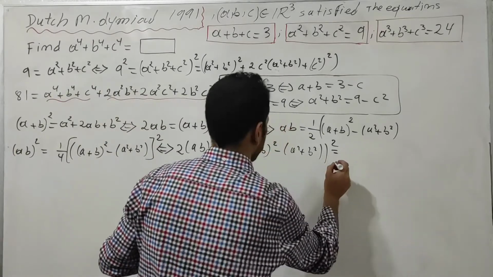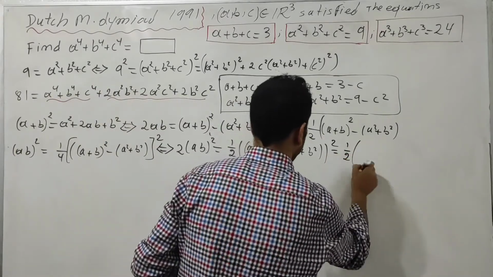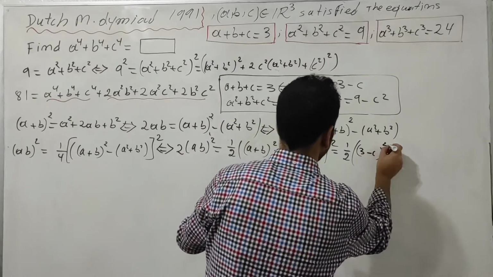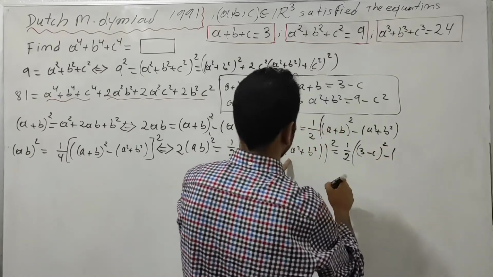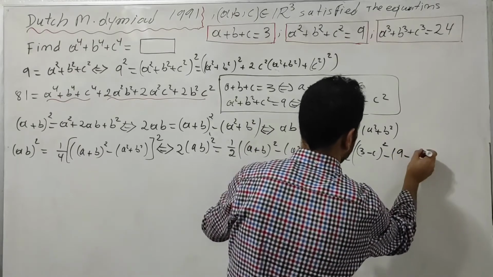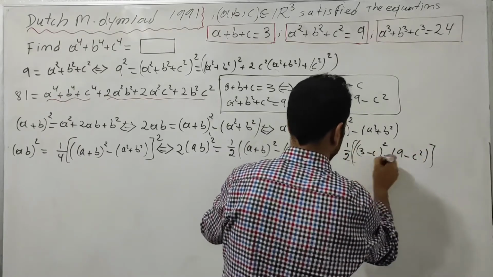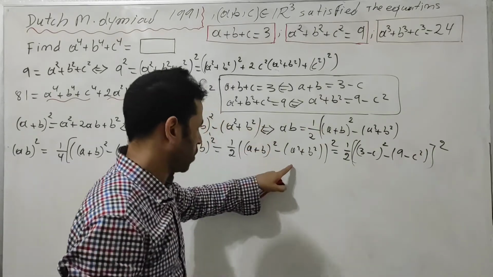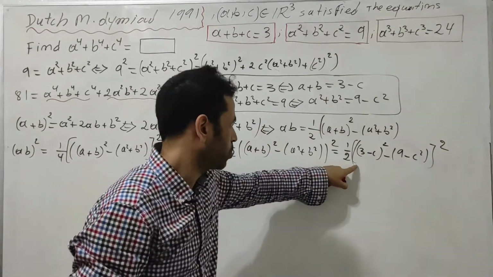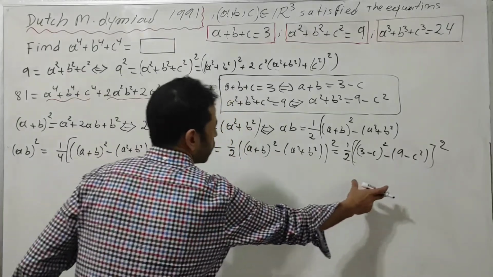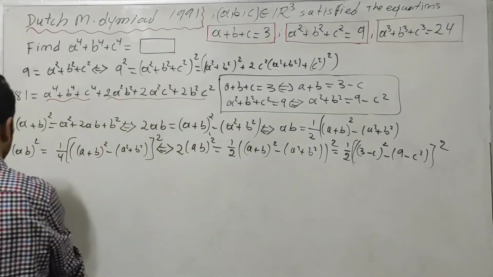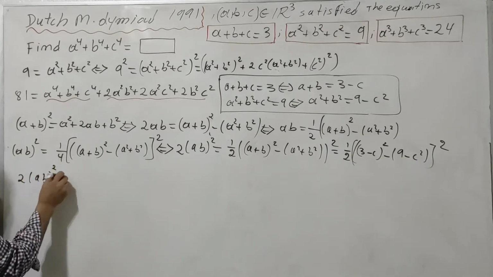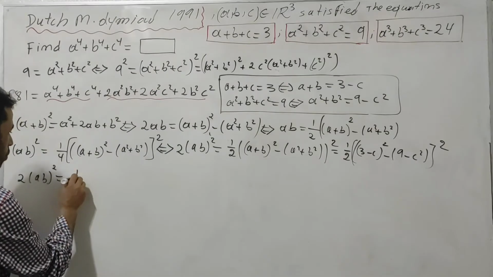So I will have 1/2 times ((3 minus c) squared minus (9 minus c squared)), the whole thing squared. If you take a look, I found all these values in terms of c. So I'm going to simplify this one more. So now I have 2 times (ab) squared equal to 1/2.